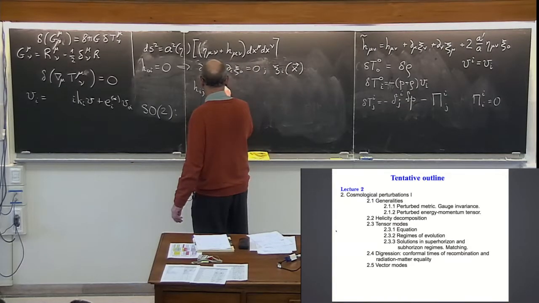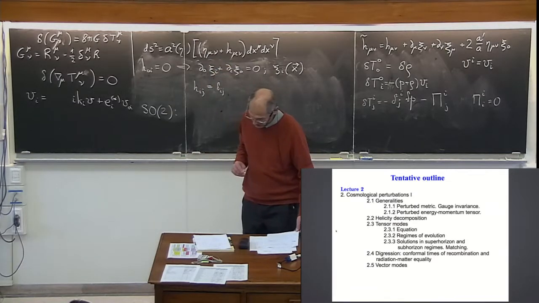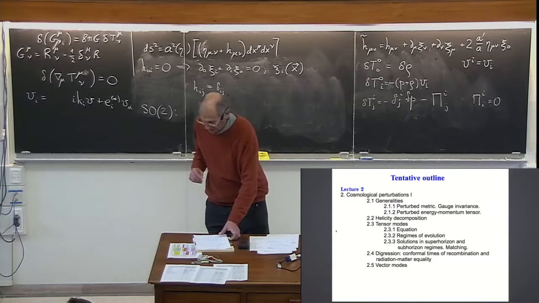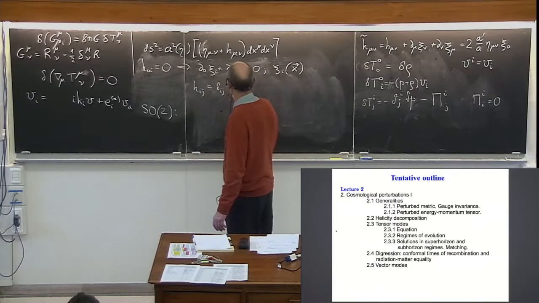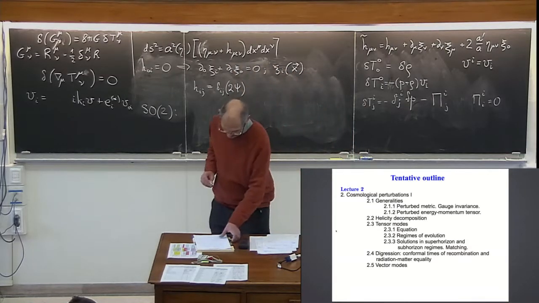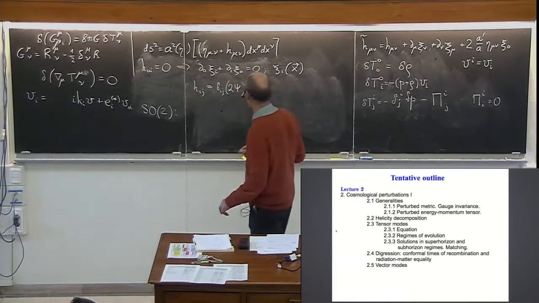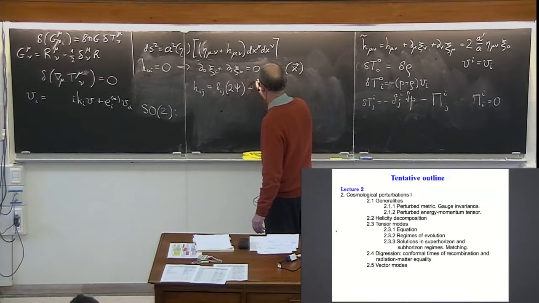It's delta ij times some function, which is actually called 2 psi, introducing the notation here.